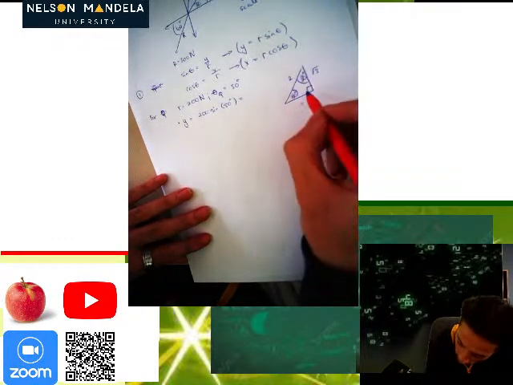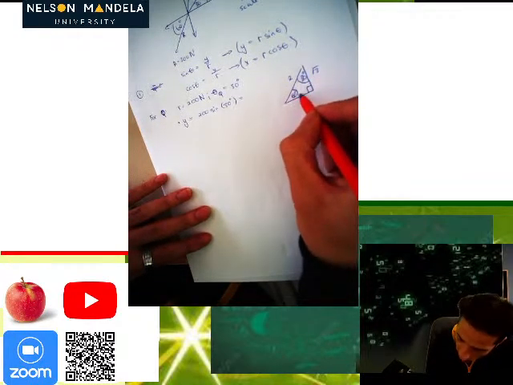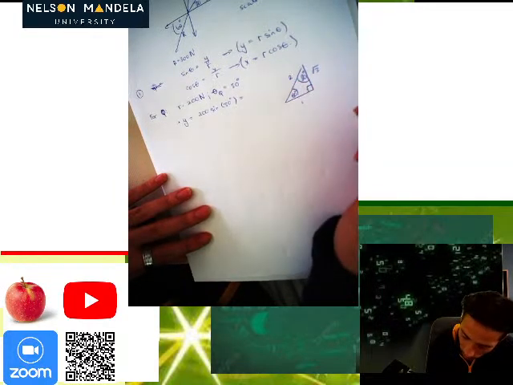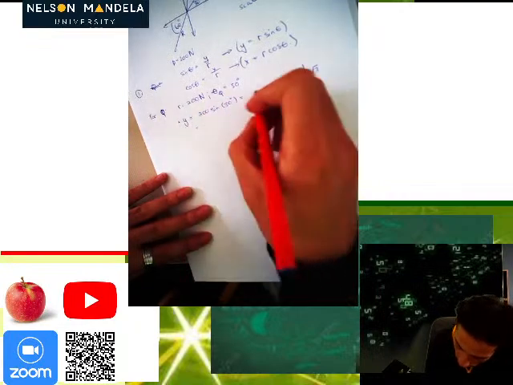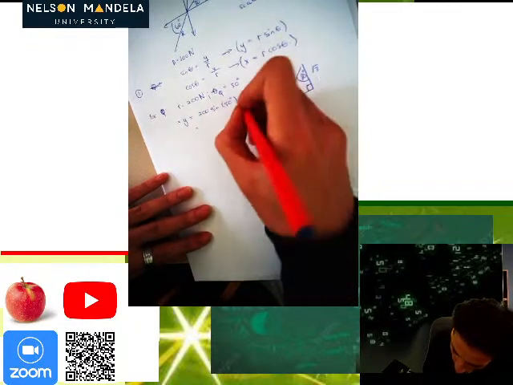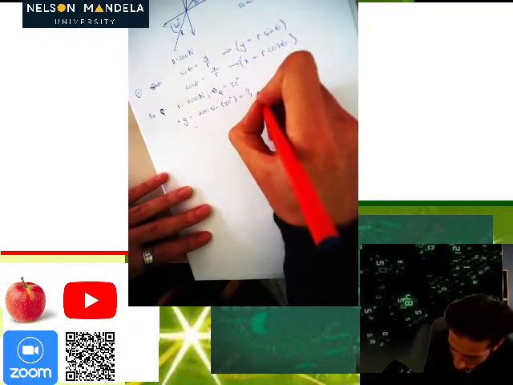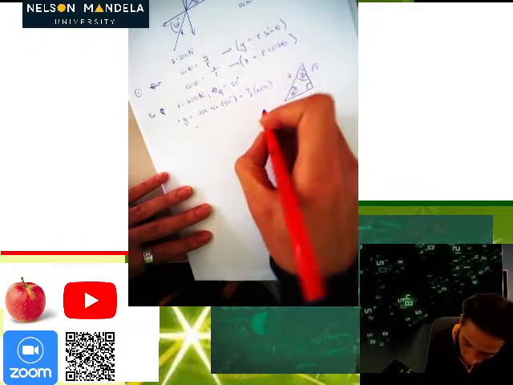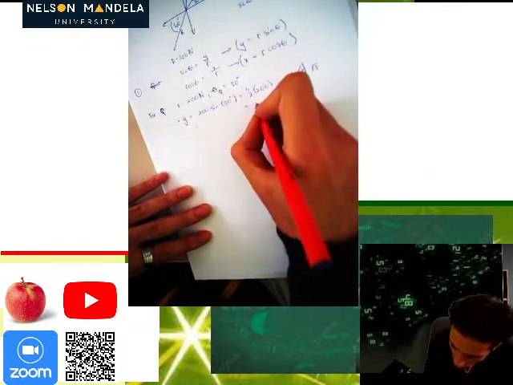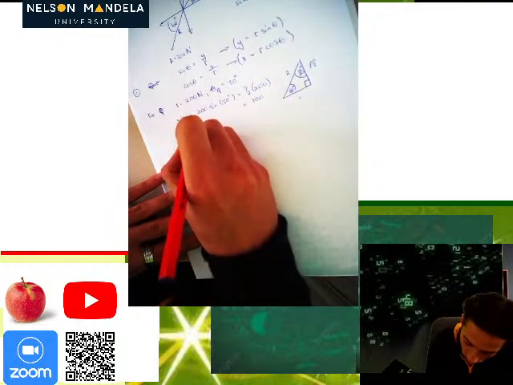In this instance we're looking for sine. Sine is always opposite over hypotenuse, and so this is equivalent to saying 1/2 times 200, which is just equivalent to 100.